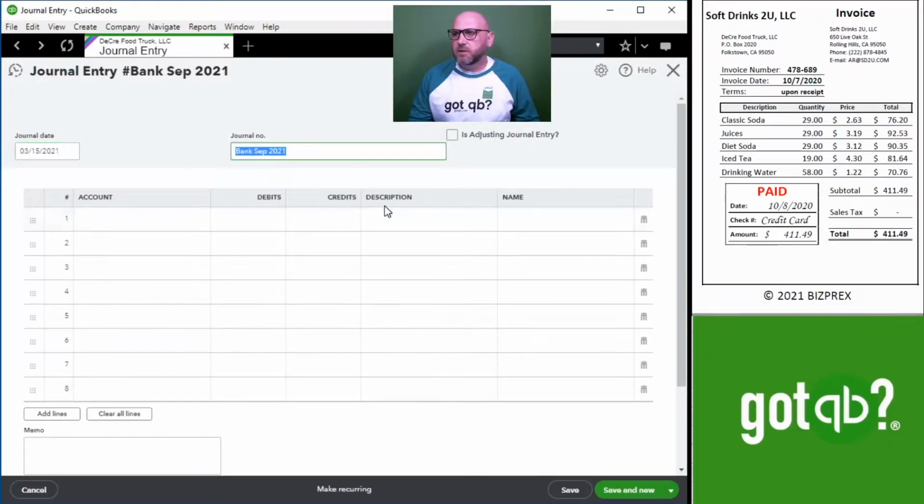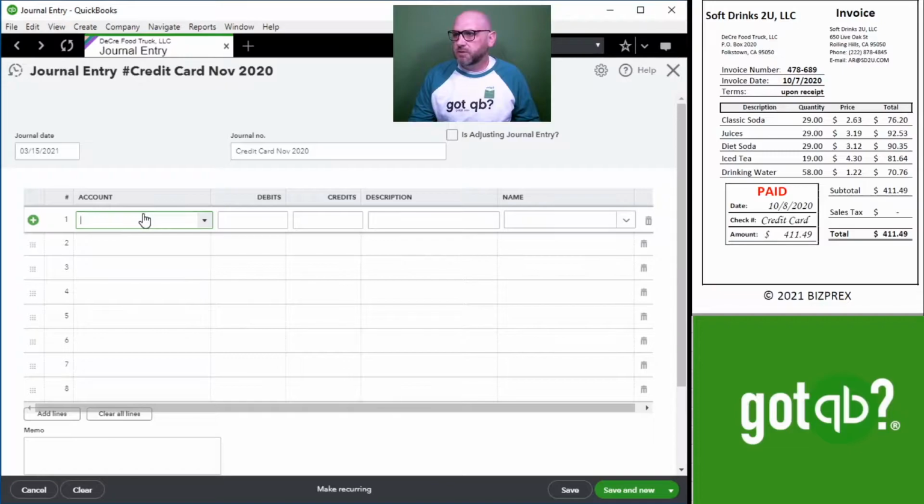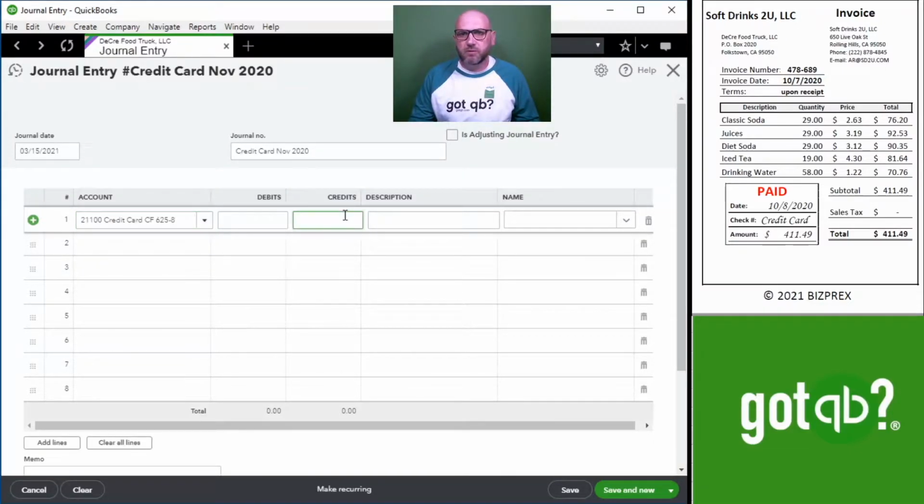So in this case, we're booking our credit card. All right, so this one is a credit card. We know this much, right? So again, liabilities go up, and therefore they have to be credited.